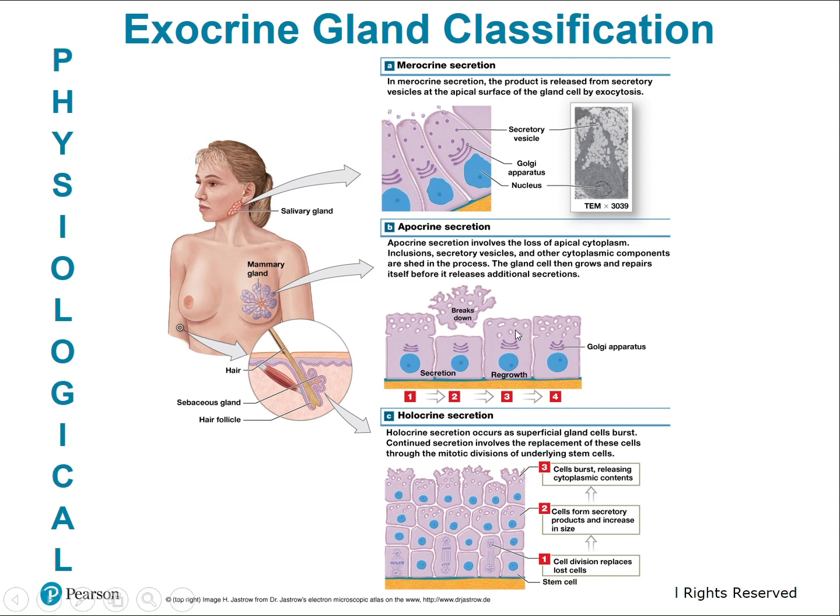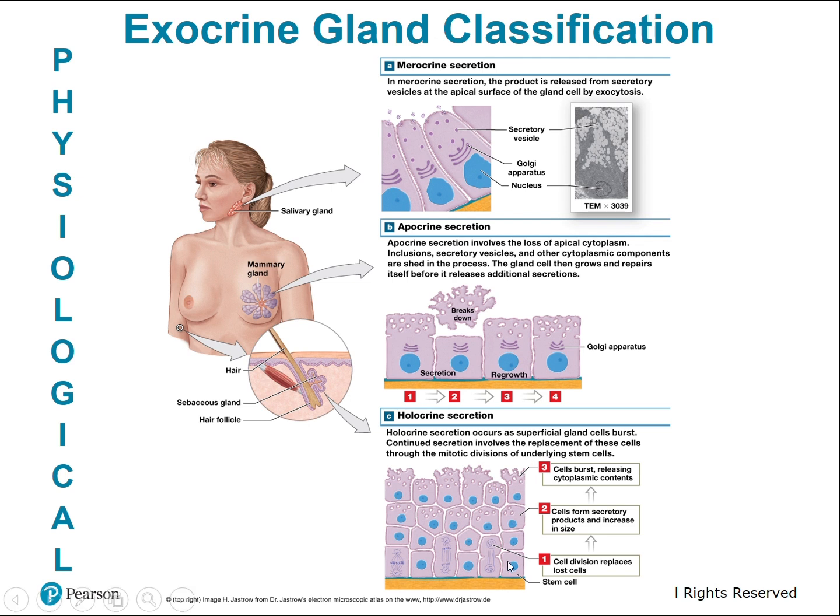Then the cell is going to regrow, and again it's going to break off more once you have enough of those vesicles accumulating on the apical end. When a female is lactating, she creates milk through breaking down pieces of the cell that get released into the duct.